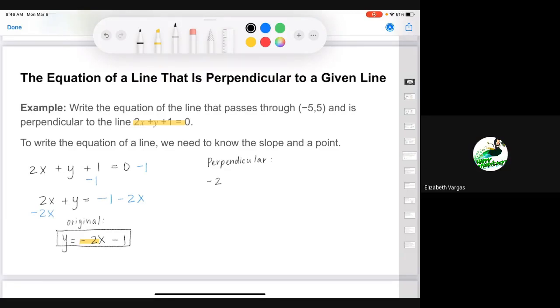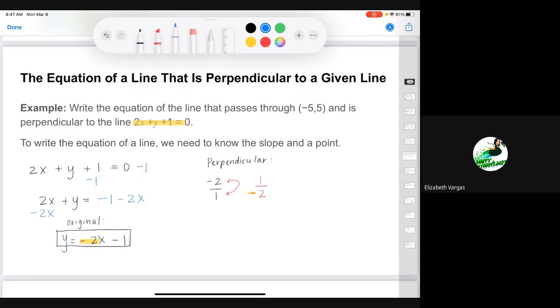Okay, so again, I'm going to put a 1 on the bottom because negative 2 divided by 1 is still negative 2. And now I'm going to switch them. So 1 over negative 2. Now I need to switch that sign. So instead of negative, I need a positive.